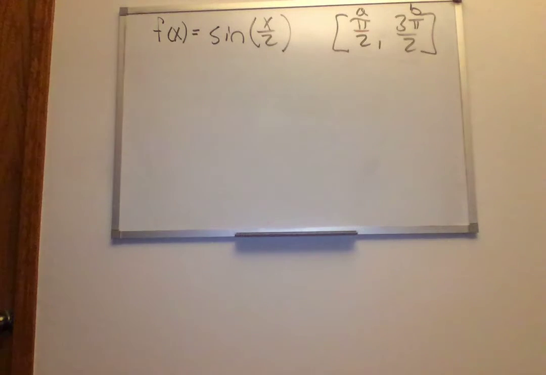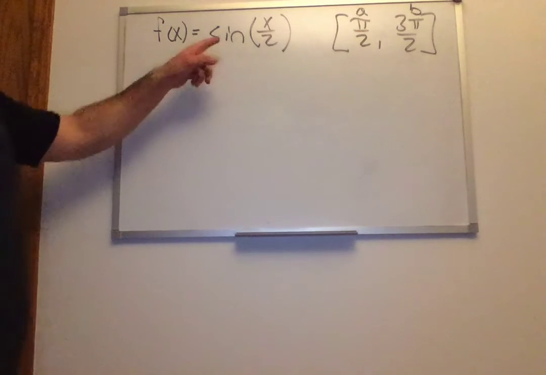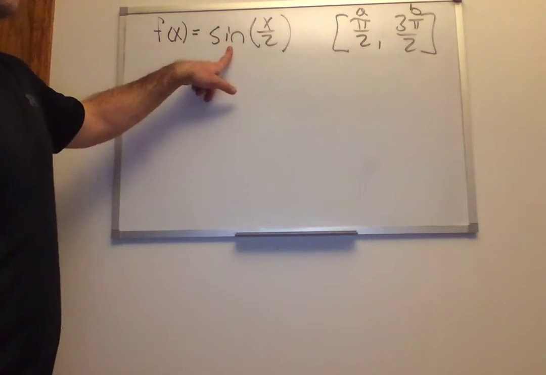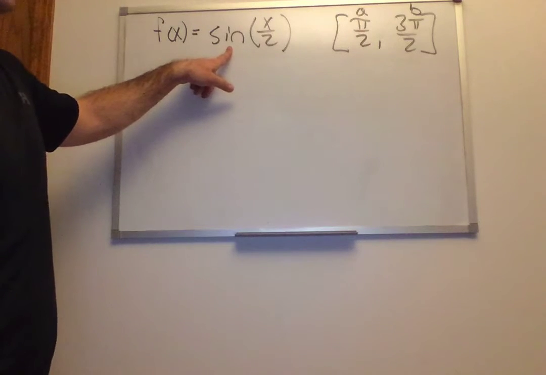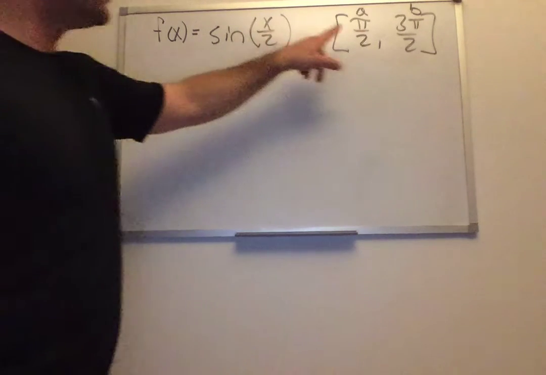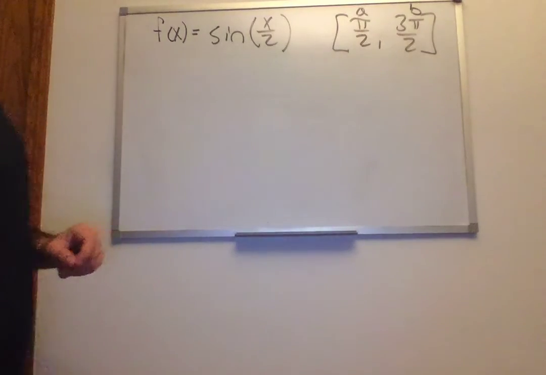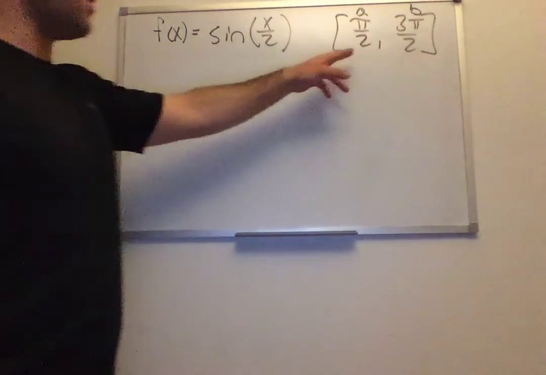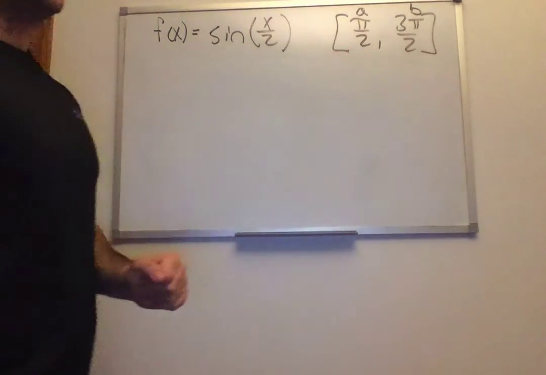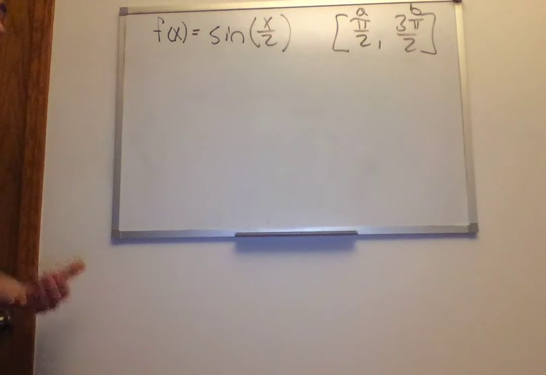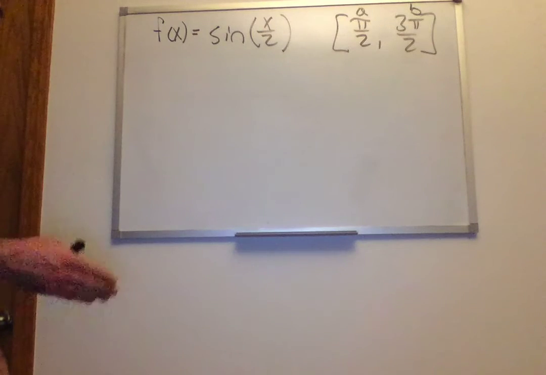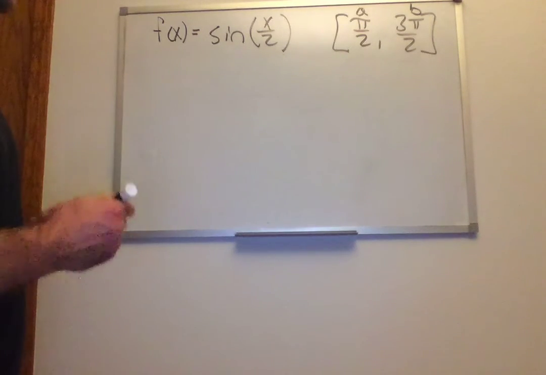Not only that, it is also differentiable on its domain from negative infinity to positive infinity. So any closed interval, open interval from pi over 2 to 3 pi over 2, it is differentiable there as well. So that's hypothesis 1, hypothesis 2. We already did hypothesis 3.